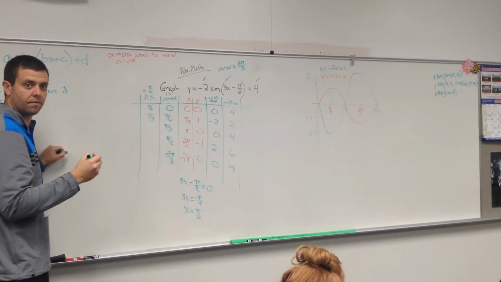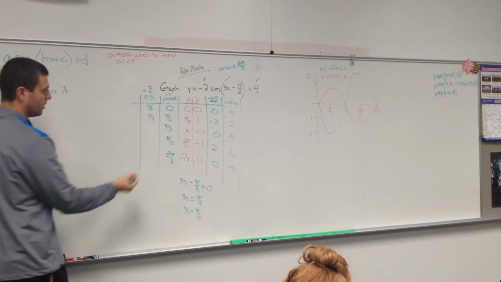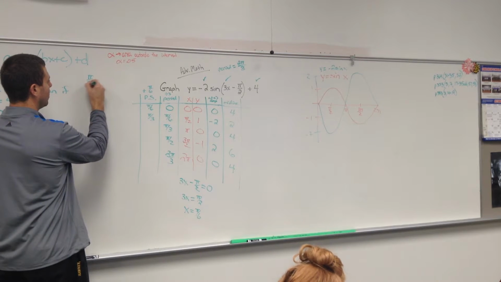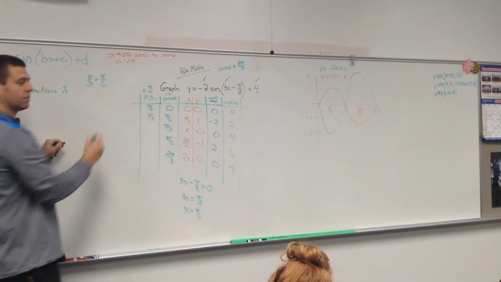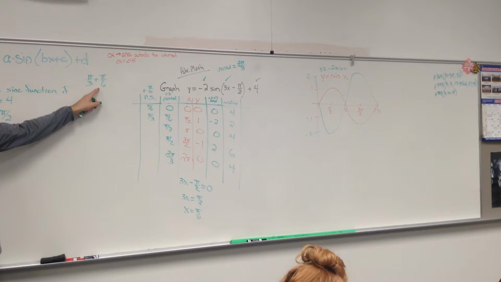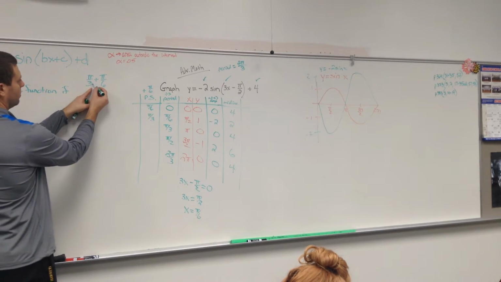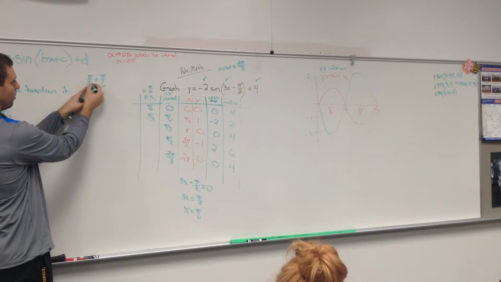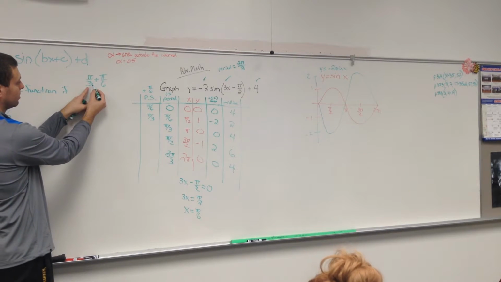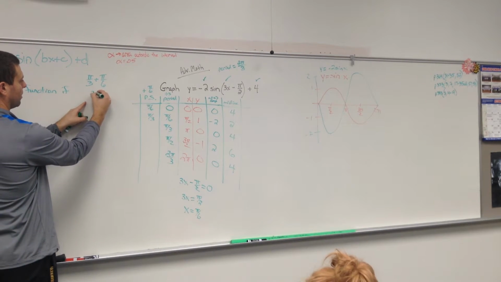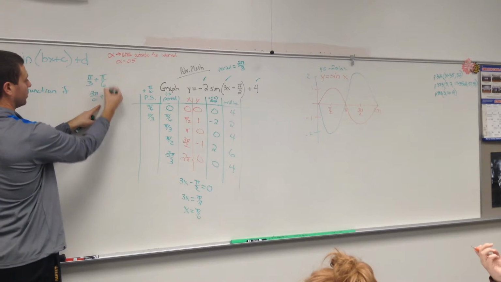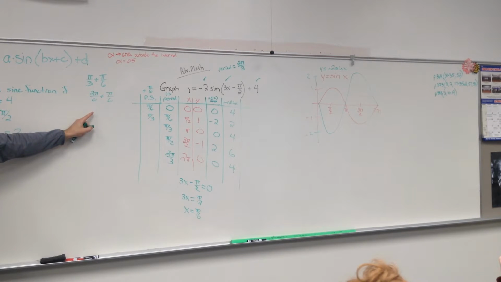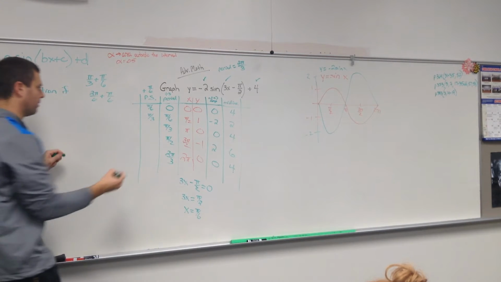Everybody okay? Pi over 3 plus pi over 6. You might want to make the denominator become a 6, right? How do I make the denominator become a 6? Multiply by 2. So that'll give me 2 pi over 6 plus my 1 pi over 6, which makes 3 pi over 6, pi over 2.